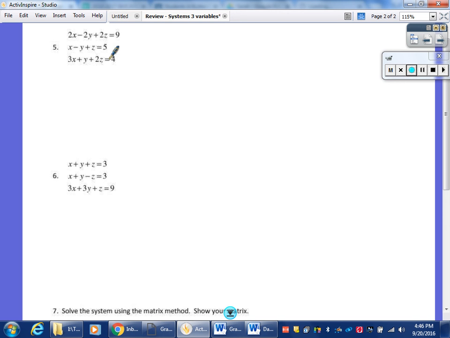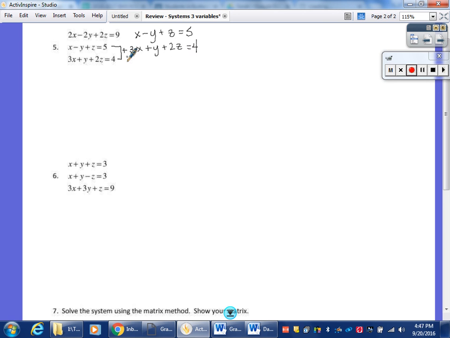Okay, the way we solve these systems, guys, again, is that we pick 2 equations and we eliminate one of the variables. For this system, I'm going to pick the last 2 equations because they will allow me to eliminate y by just adding together. Negative y and positive y are going to cancel right out. So I have x minus y plus z is equal to 5, and 3x plus y plus 2z is equal to 4.